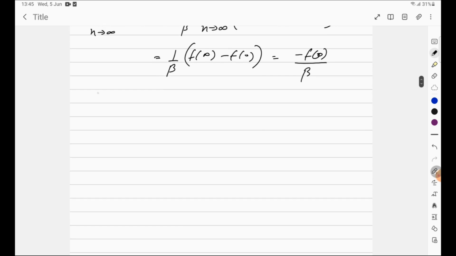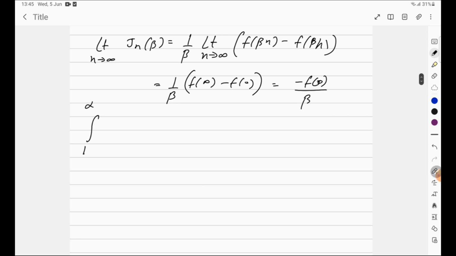Okay, now they're saying take the integral from 1 to alpha of this term, which is equal to minus f(0) over beta d beta. That term is equal to the integral from 1 to alpha. f(0) is constant, so that comes out. And we get this, which is very easy to find.